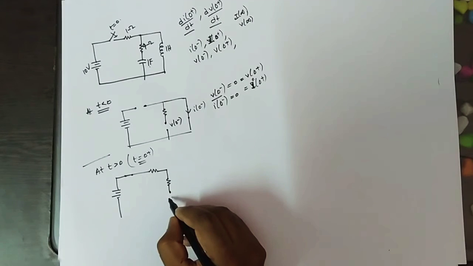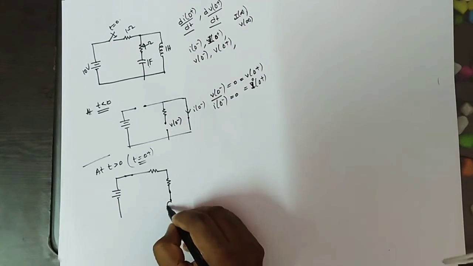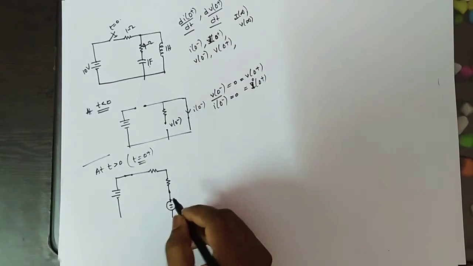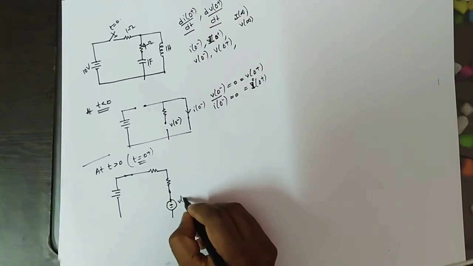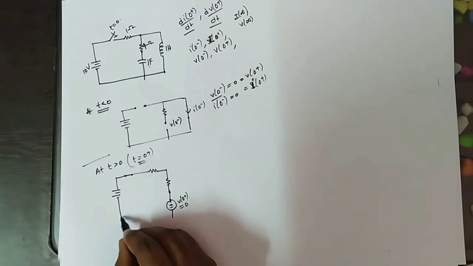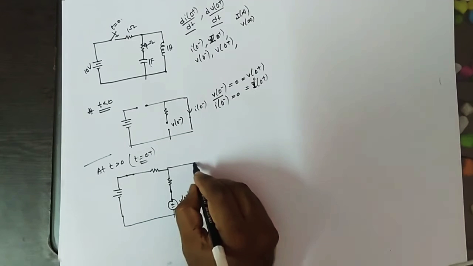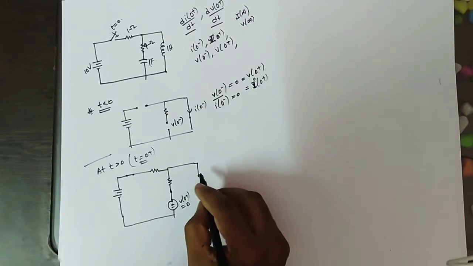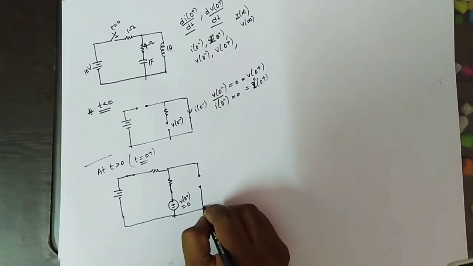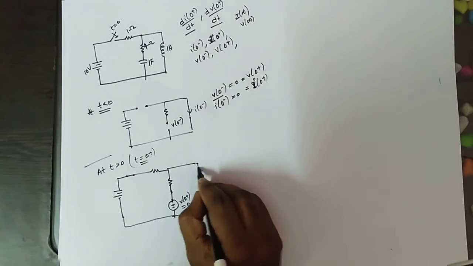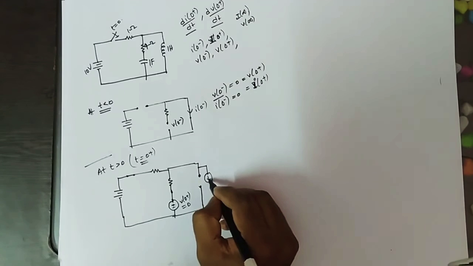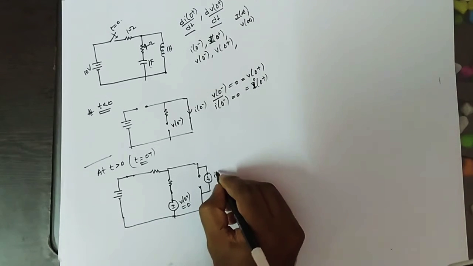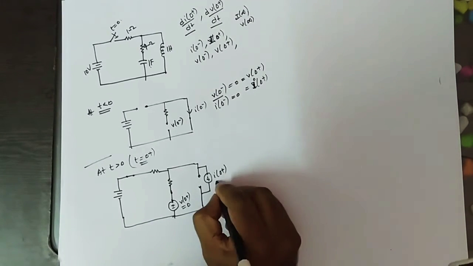The capacitor is replaced with a voltage source of v of 0 plus, equal to 0, and the inductor acts as open circuited, since it doesn't allow sudden change, with a current source in parallel. This current source is I of 0 plus, equal to 0.